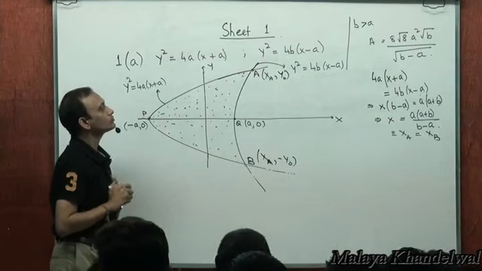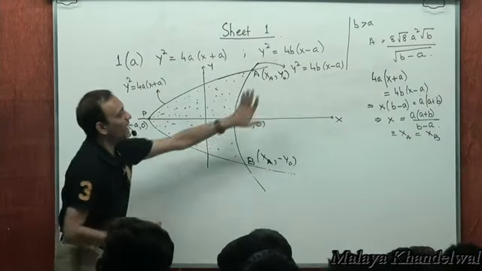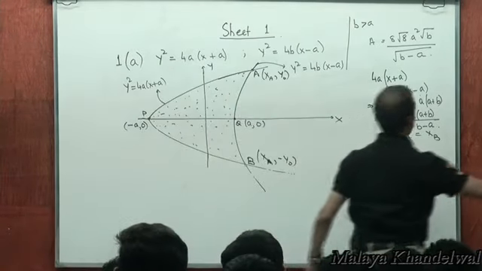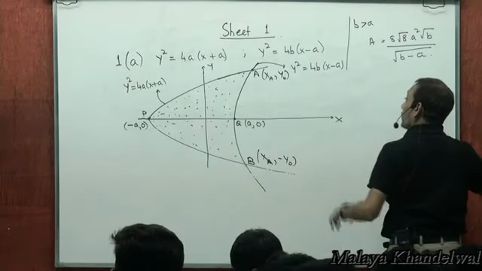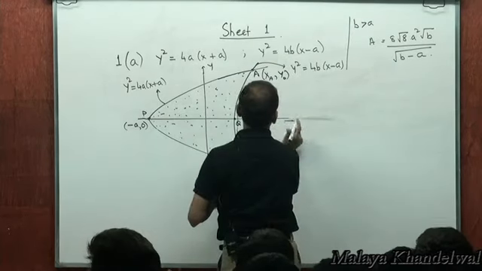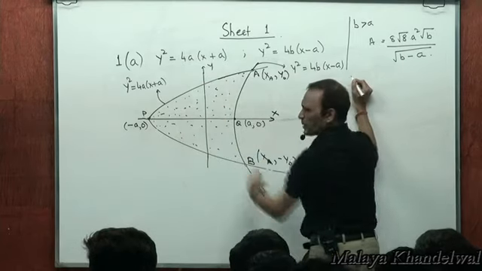Now, there are two ways I could have approached this problem. So, let's say I know A and B. I know the coordinates of A and B. Now, one of the things that I could have done, the inefficient thing, is the following. First, I'll do the inefficient thing. Let me just look at the upper part of the curve.